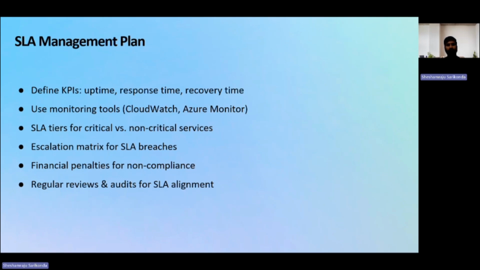This structured approach ensures accountability, reliability, and client trust, especially in the high demand telecom sector. So this is the SLA management plan that we've prepared for Tech Solutions. The coming slide will be explained by my friend Vinod. Thank you.